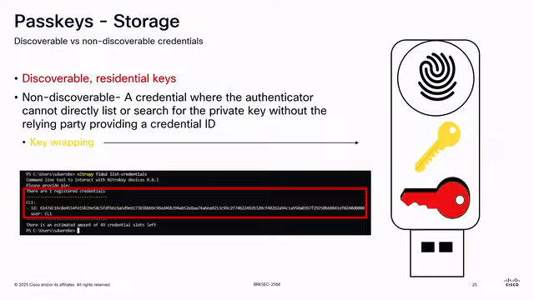But once a non-discoverable passkey gets created, this credential gets derived from the root key, pretty much calculated. And that allows the authenticator to store this derived key in a very, very compact form. So the difference between the two credentials is not only how the authenticator selects the private key during authentication, but also how efficiently they can be stored.